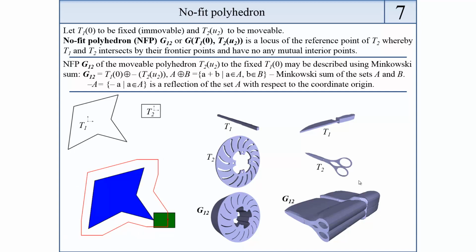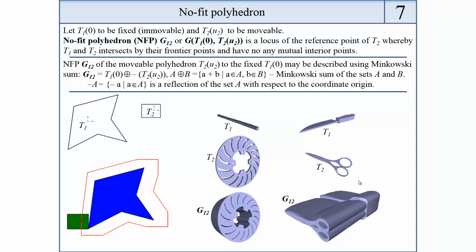At the bottom of the current slide, you can see one example of NFP building for the two-dimensional case and two for the three-dimensional case. For the two-dimensional case, I have tried to make an animated example. As you can see, the green movable rectangle travels along the fixed blue object in such a way that their frontier black borders are always connected, but the objects never intersect by their interior points.